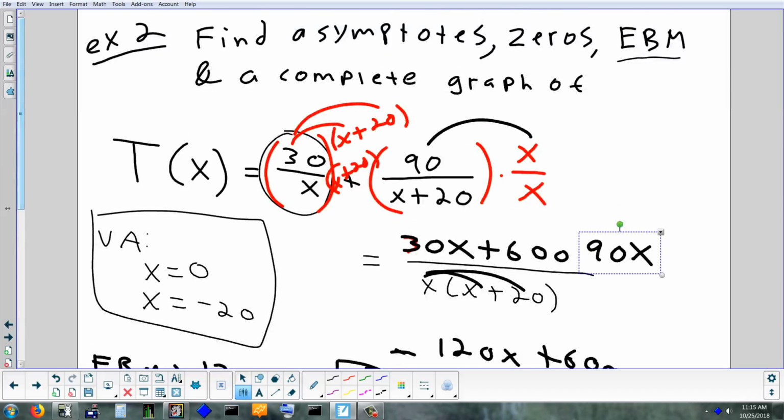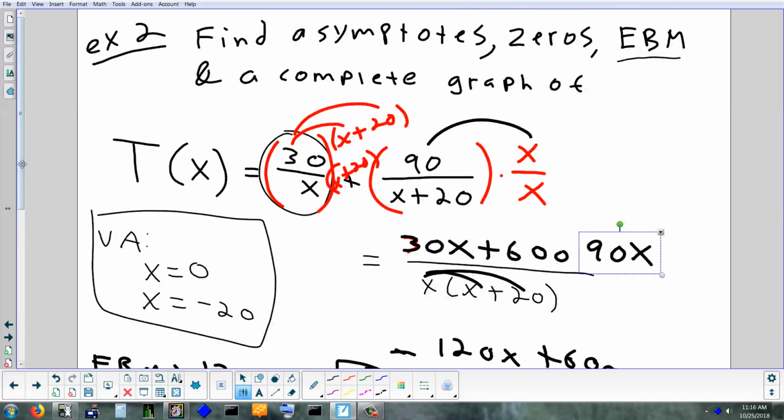What else? Complete graph, I'm going to do that in a second. Oh, the roots. So the roots are where you cross the x-axis. If you pick any coordinate on the x-axis, what do they all have in common? Every single coordinate on the x-axis. Yep. The y equals 0.